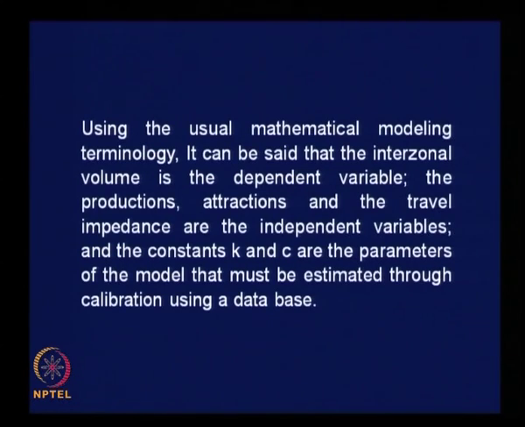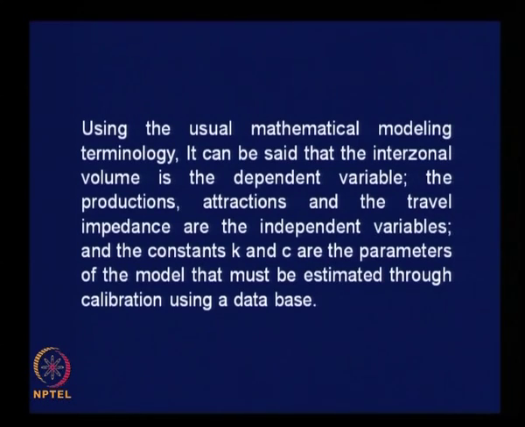The productions Pi, attractions Aj and the travel impedance Wij raised to power c are the independent variables, and the constants k and c are the parameters of the model that must be estimated through calibration using a database.